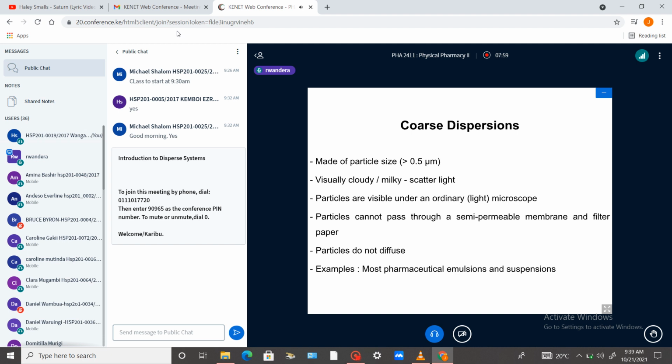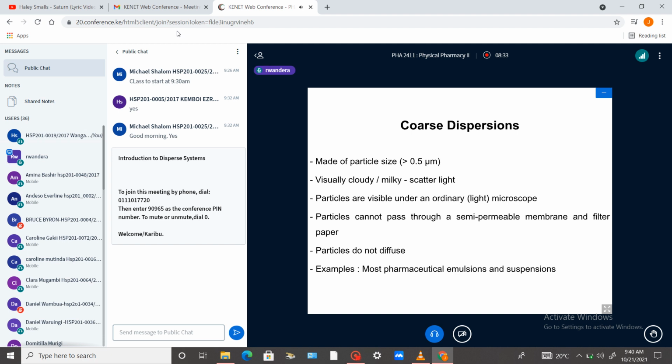That, of course, tells you that they can also be visualized by the electron microscope. Now, for coarse dispersion, the particles are not able to go through a semi-permeable membrane, and they are also not able to go through a filter paper. These particles also do not undergo diffusion. And examples are most pharmaceutical emulsions and suspensions that you'll cover in year 5 when you'll be looking at formulations.